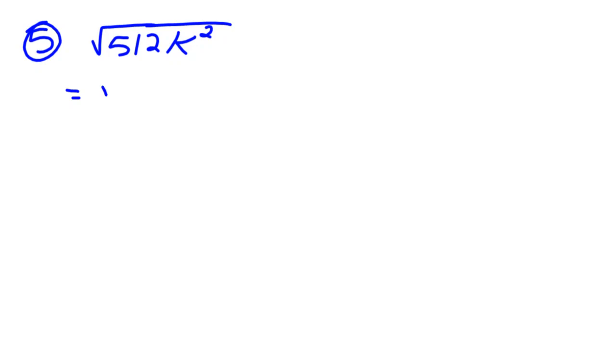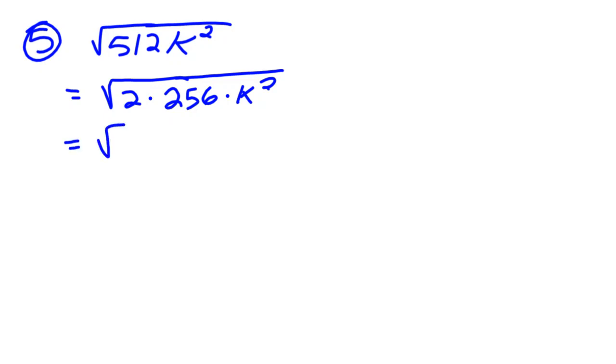The factors that we can use for that would be 2 and 256. Rewrite this k squared. So now I'm going to rewrite this as rad 2 times rad 256 times rad k squared.